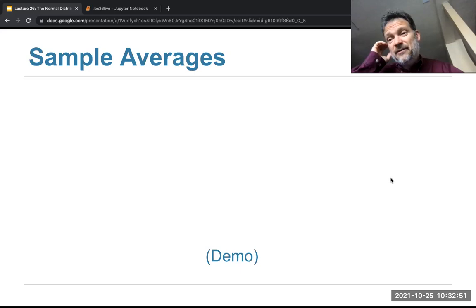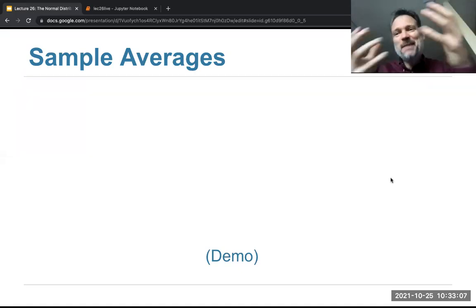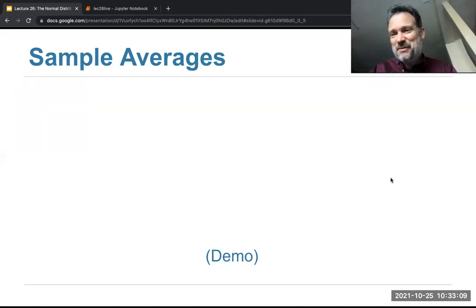Then the sample average might be useful as an estimate for the population average. So we care a lot about sample averages and what the properties of sample averages are, because we do this a lot in statistics. We do some sampling and then we try to draw some conclusions about the whole population based on our sample. Great.